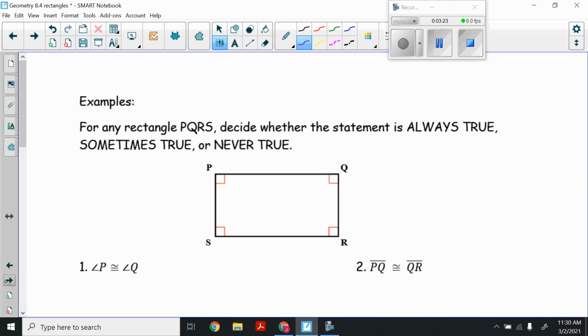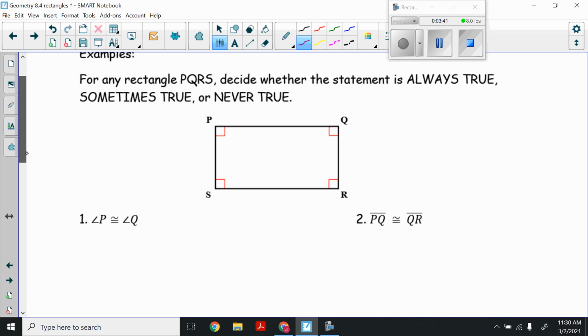So it says for any rectangle PQRS, decide whether the statement is always true, sometimes true, or never true. Okay, so using all the properties that we know about, remember a rectangle is a parallelogram, plus it has a few more of its own properties. So number one, angle P is congruent to angle Q. In a rectangle, will angle P always be congruent to angle Q?